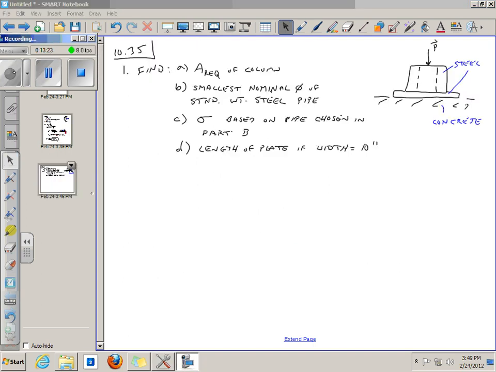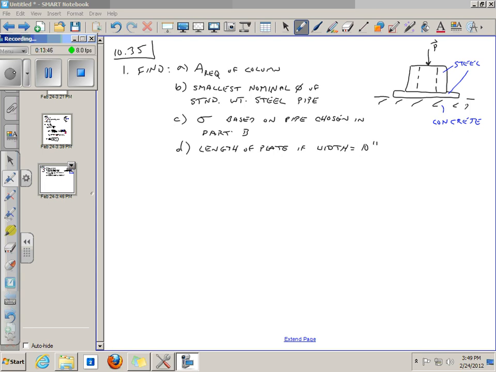All right, problem 1035. It says a steel column is shown, and they've drawn a picture in the book, which I've drawn here, supports an axial compressive load of 105 kips. Notice, even though that steel column is hollow, the force P still acts at its centroid, which is at the center of the pipe.